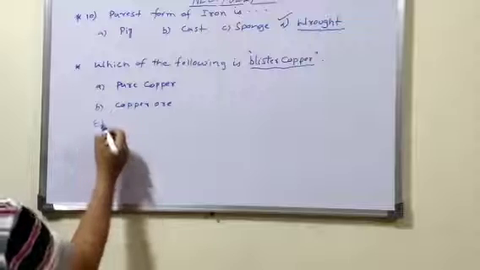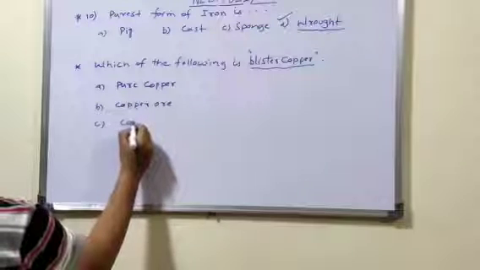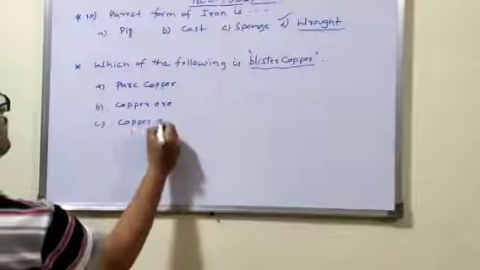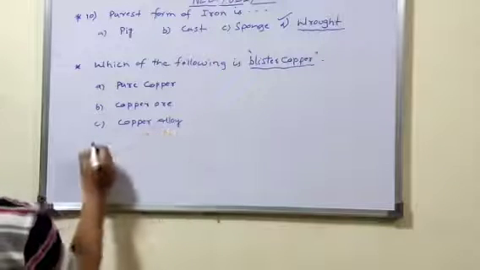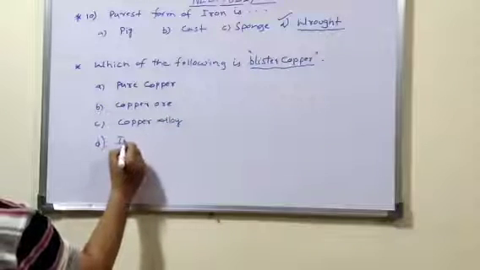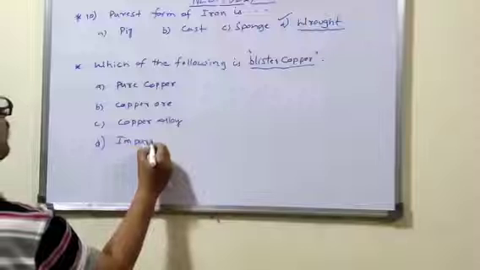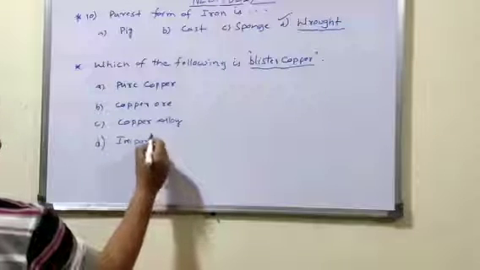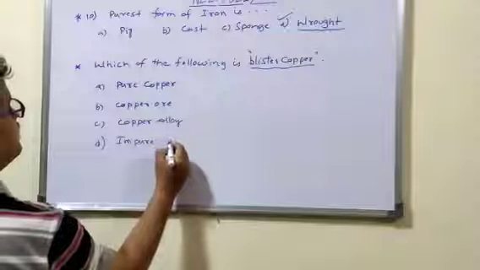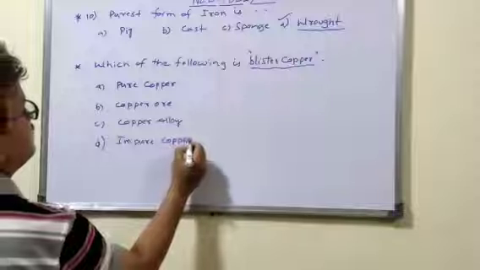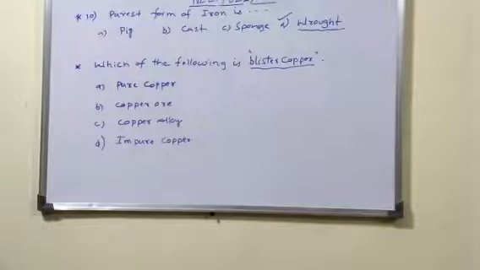Option C, copper alloy. Option D, impure copper. This is the question given. Which of the following is blister copper?